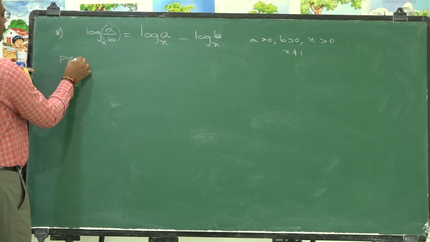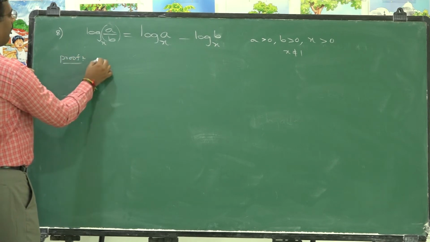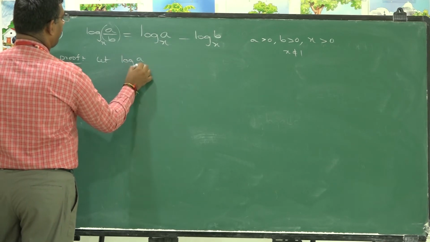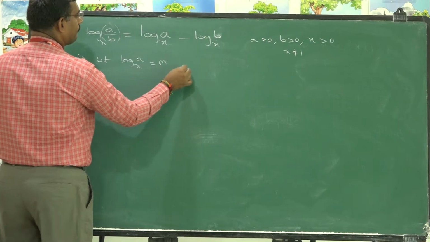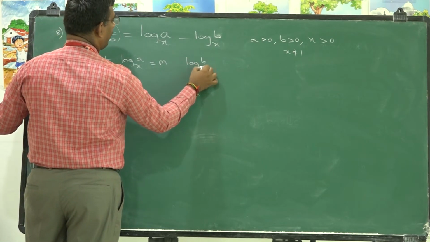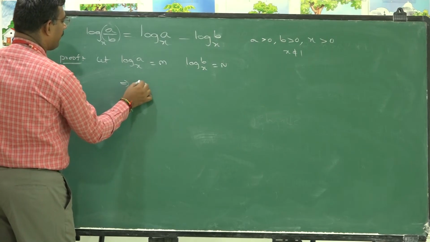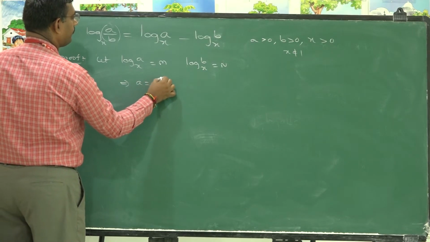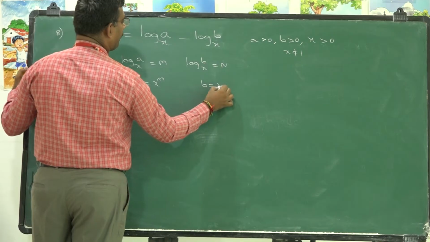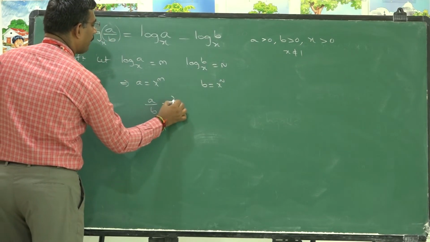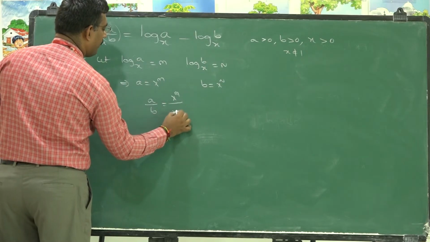Proof: let log a base x is equal to m, log b base x is equal to n. So here a is equal to x power m, b is equal to x power n. Consider a by b is equal to x power m by x power n.